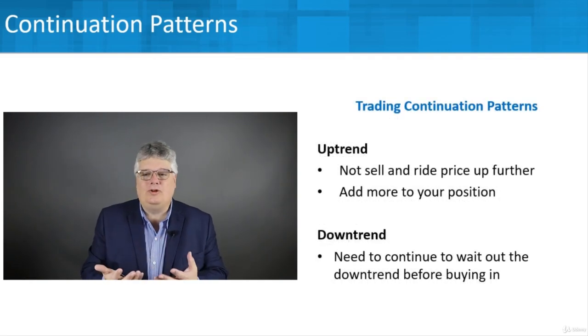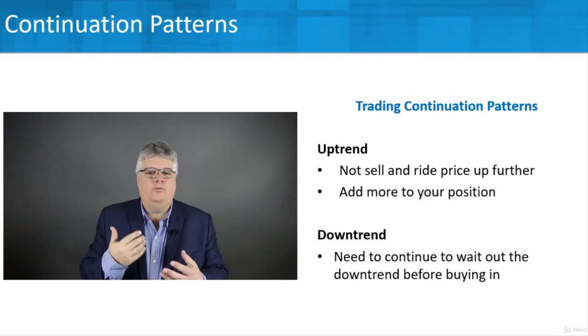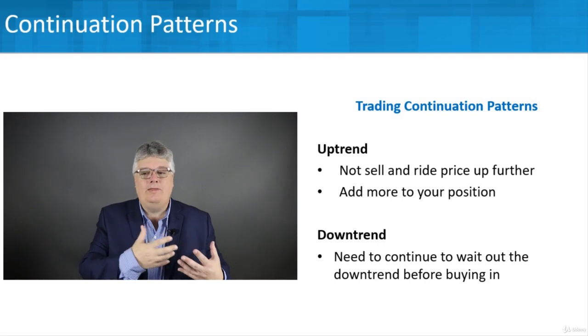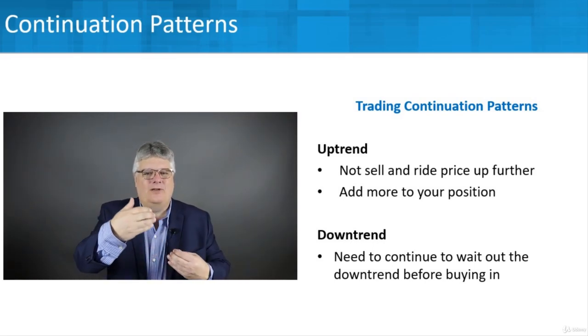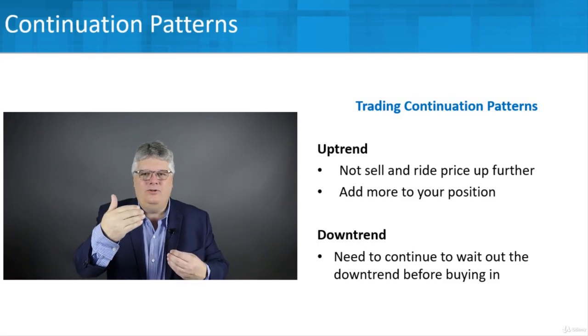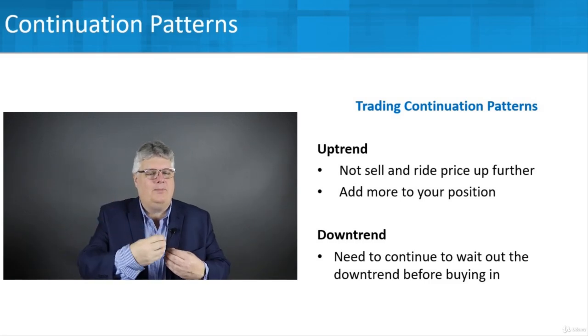So when you're trading continuation patterns, if it's an uptrend, prices are rising, you don't want to sell. You want to ride that price up further. Hopefully you bought in at some point lower. The prices have gone up, so you've made profit. And you're seeing this pattern. You maybe see a pause, but you see a continuation pattern. And so the idea is that it's going to keep going up and you'll get even more profits off of that initial trade.